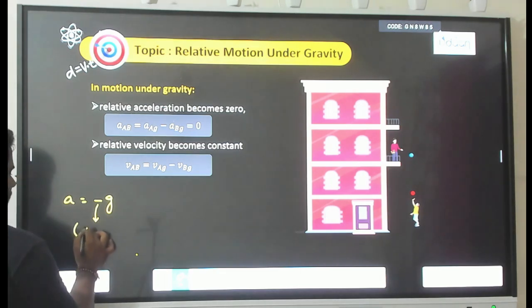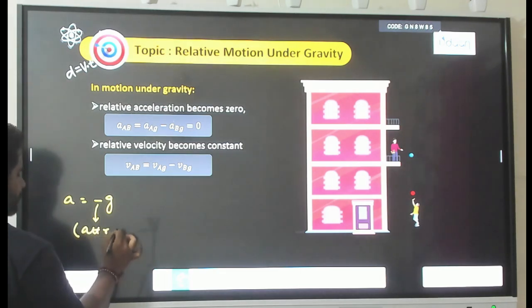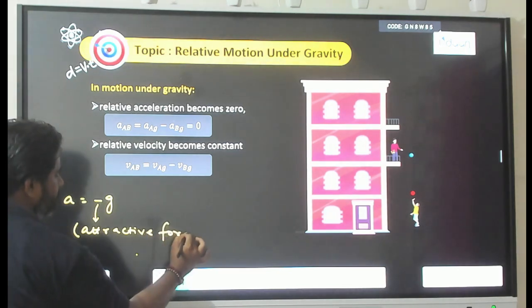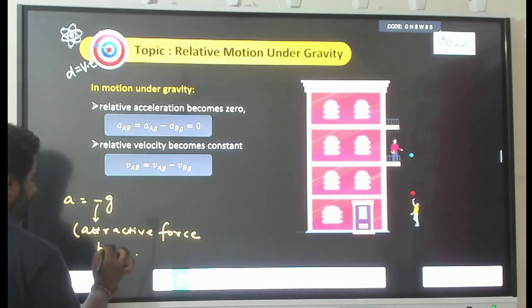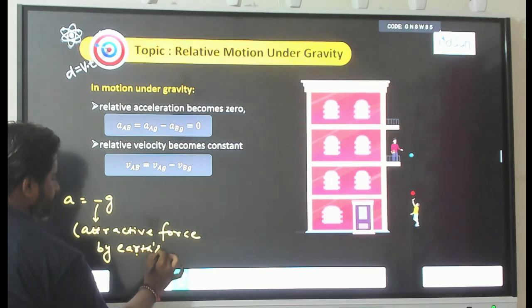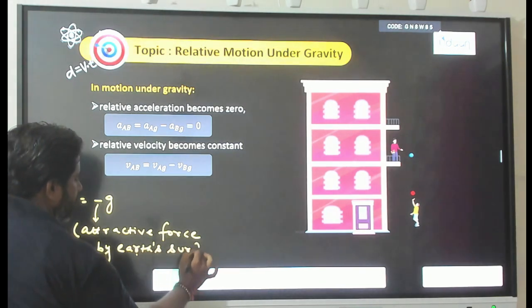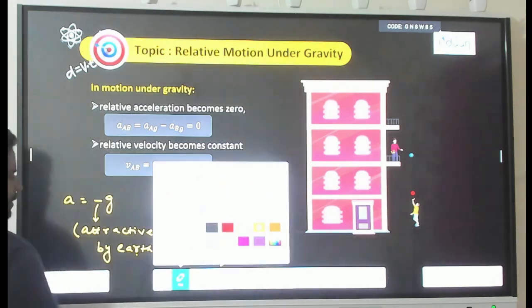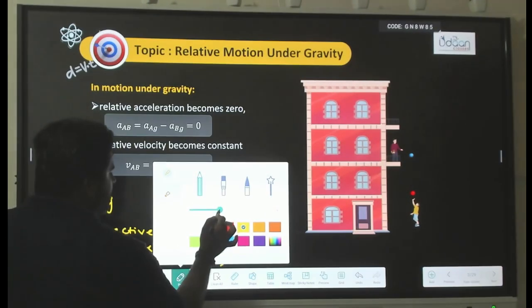Minus due to the attractive force by the earth's surface.